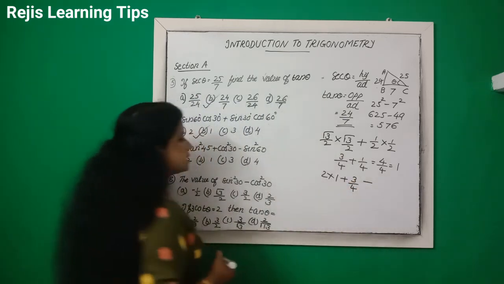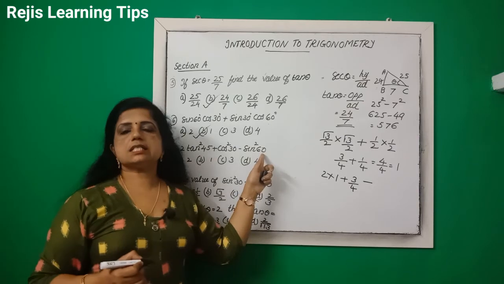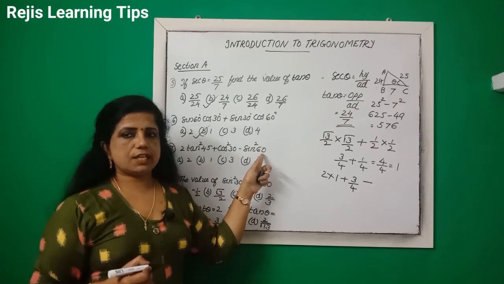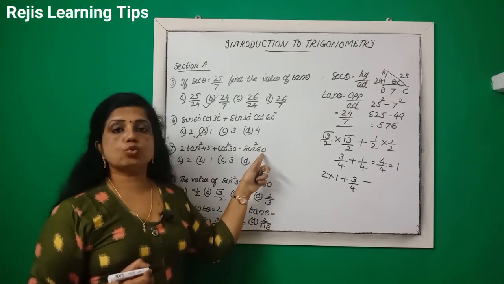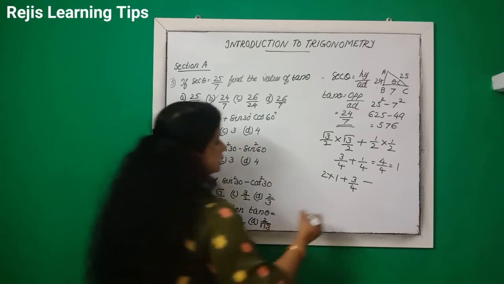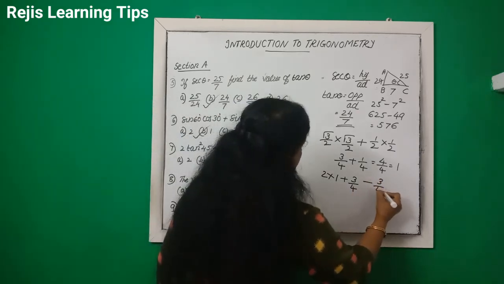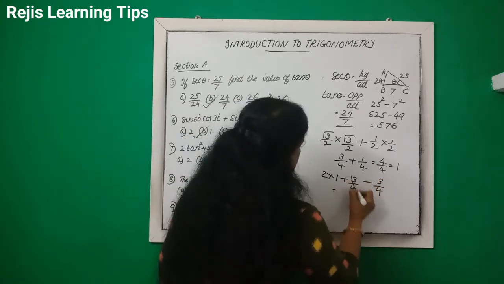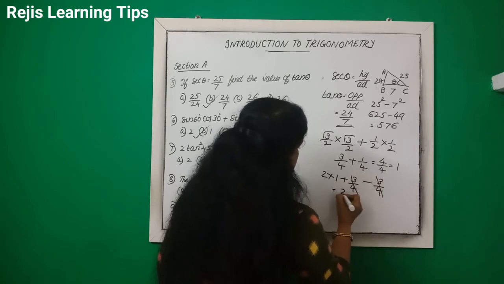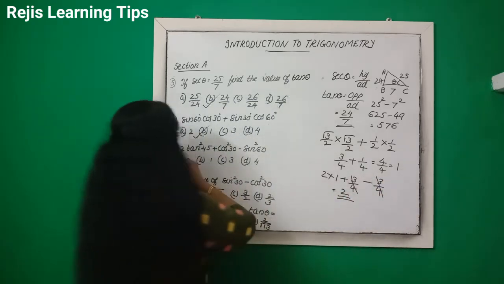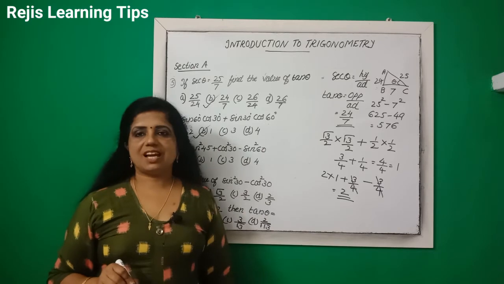Then minus next sin square 60, that is root 3 by 2 the whole square, that is 3 by 4. Then 3 by 4 and negative 3 by 4 cancel, we will get answer 2. So, our option A. Understood?